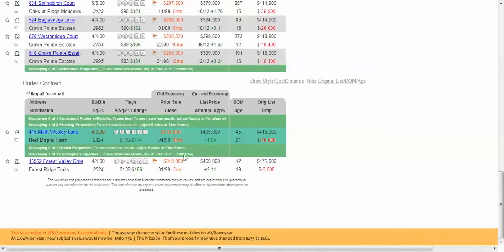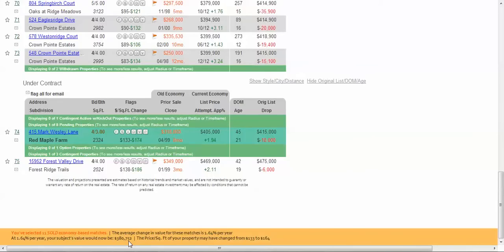Our last group here are those that are under contract, and that is actually our subject property. You can see they're asking 1.94% appreciation per year. They started at 415, dropped the price 10,000 to 405,000, and we know they're asking 1.94 growth. Our software actually projected, without seeing the subject property, that the value is going to be about 380, possibly up to 390.